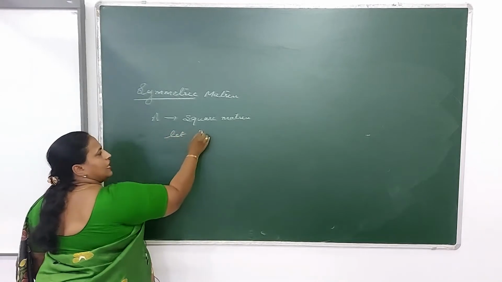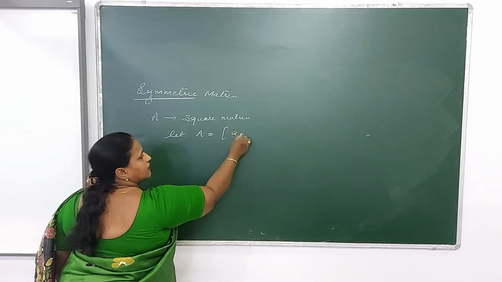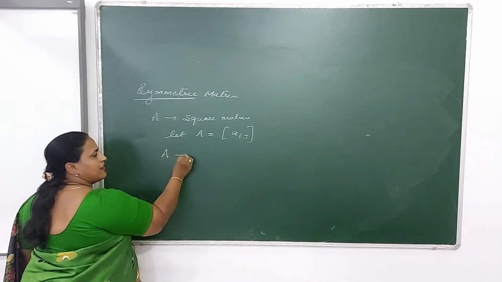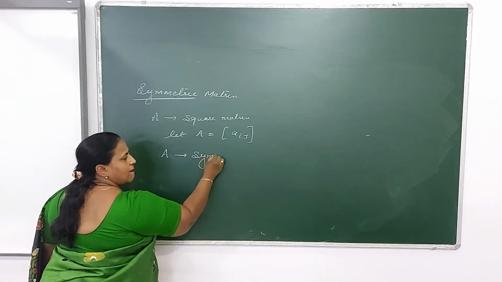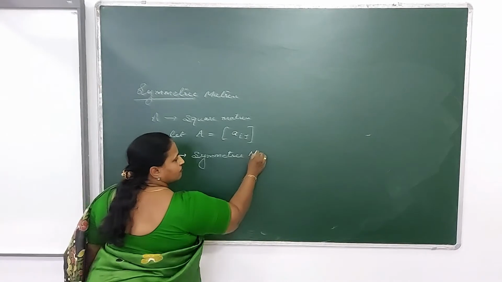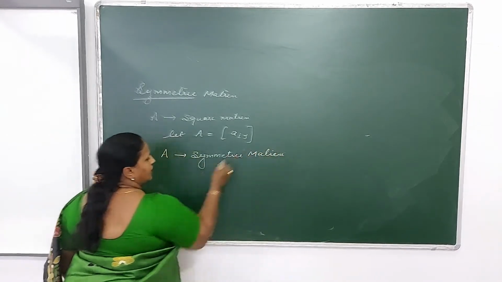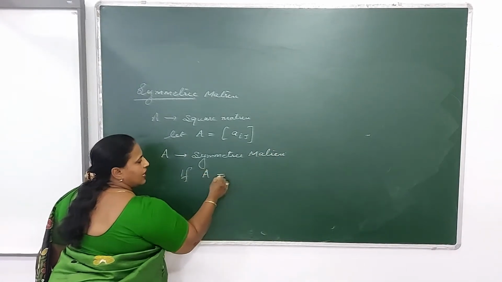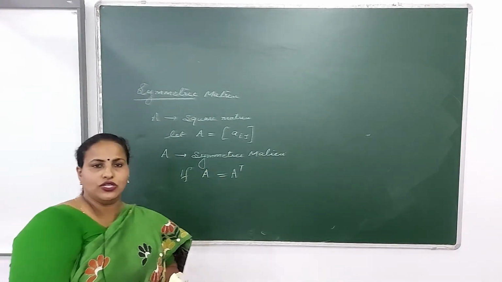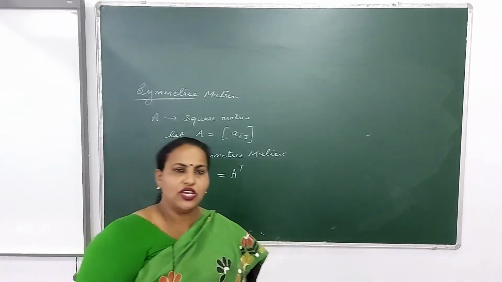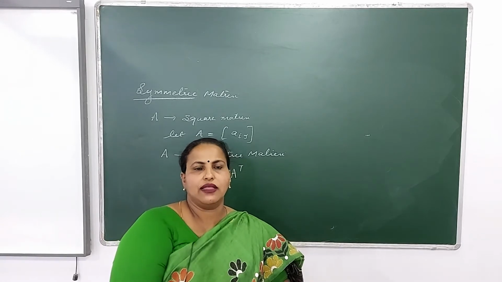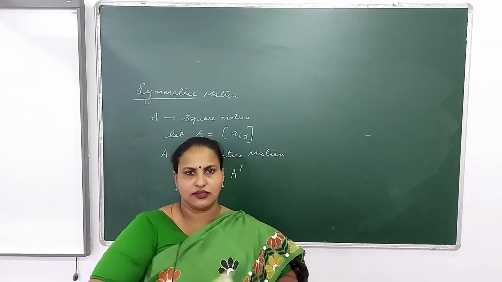Let A be equal to Aij. A matrix is said to be a symmetric matrix if A is equal to A transpose. Or the other way out, if A is a square matrix of any order and if A is equal to A transpose, then we will say that the matrix is a symmetric matrix.